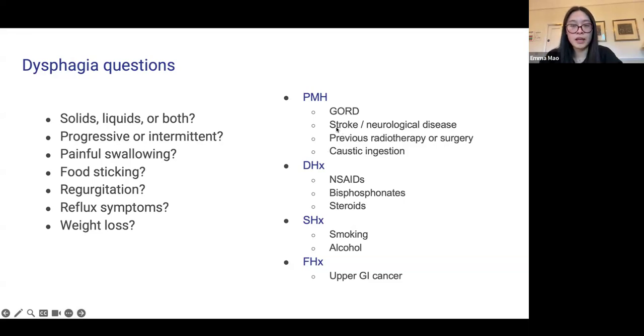Then think about stroke and neurological disease, as difficulty swallowing could be down there, or at the top, so these can also make it harder to swallow. Some drugs are associated with acid reflux as well. Smoking and alcohol are always useful to ask about, and any family history of upper GI cancer.